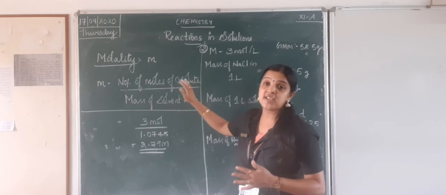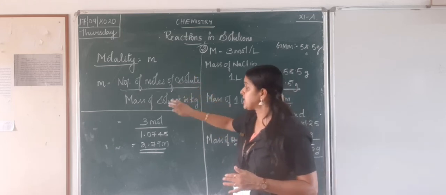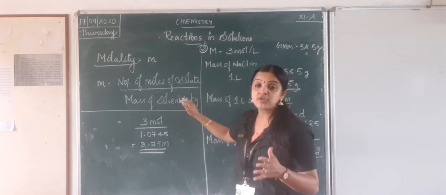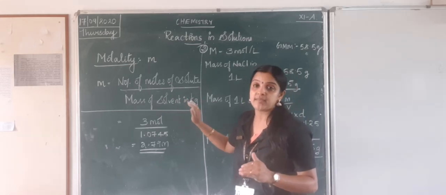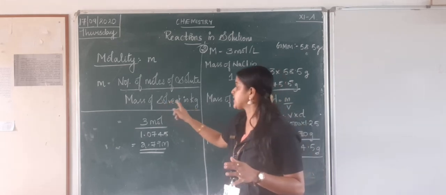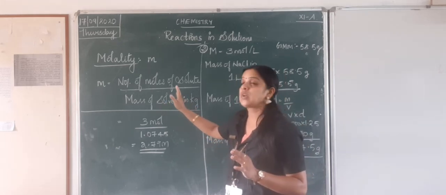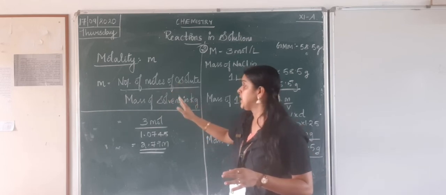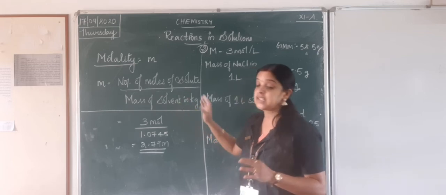But here in case of molality, always the solvent part comes at the denominator, right? You don't write solution, instead we write the solvent, and that too it is mentioned in kg, that is mass of the solvent in kilograms. So what is the formula for molality? Number of moles of solute divided by mass of the solvent in kg.